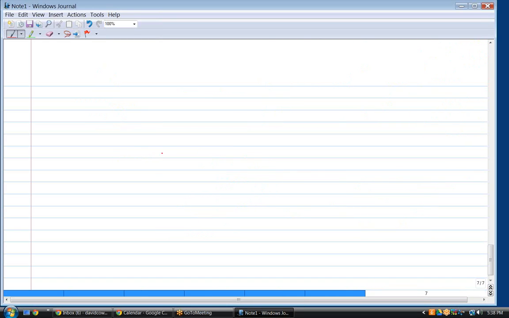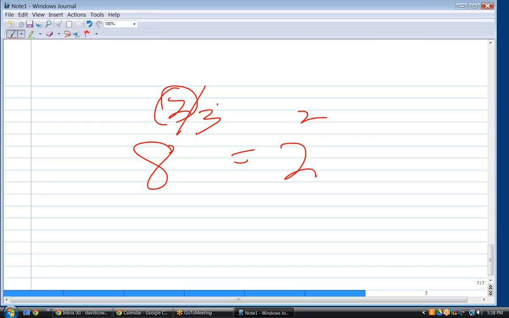So what would 8 to the 2/3 be equal to? Always do the root first. Do the cube root of 8, which is 2, and then square 2. So the answer is 4. Because the cube root of 8 is 2, but then we still need to apply this 2. 2 squared is 4.